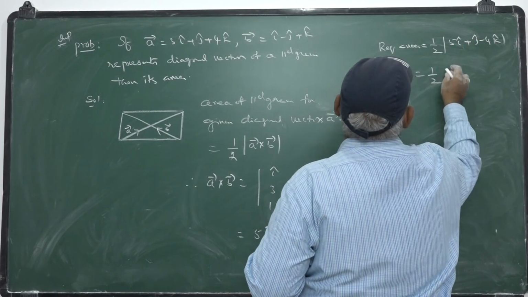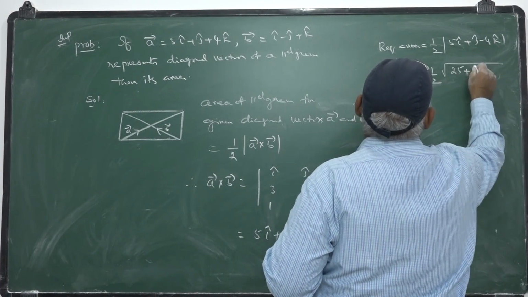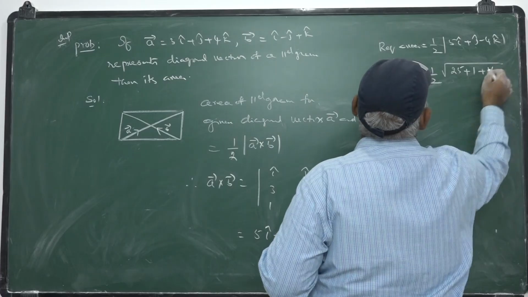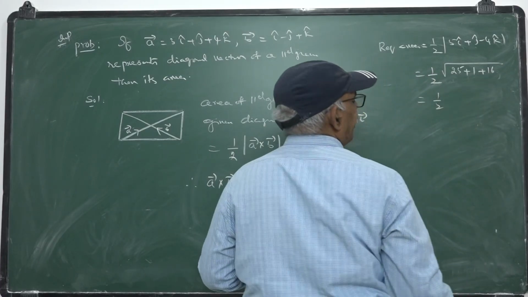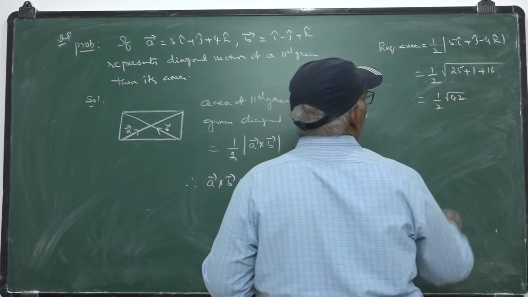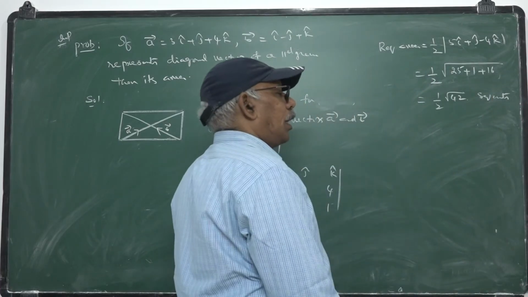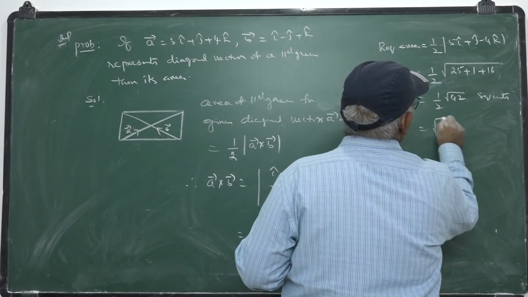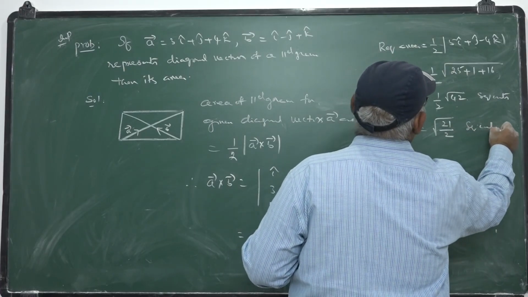That is half into the square root of 25 plus 1 plus 16, which is half into root 42. So root 42 by 2 square units.